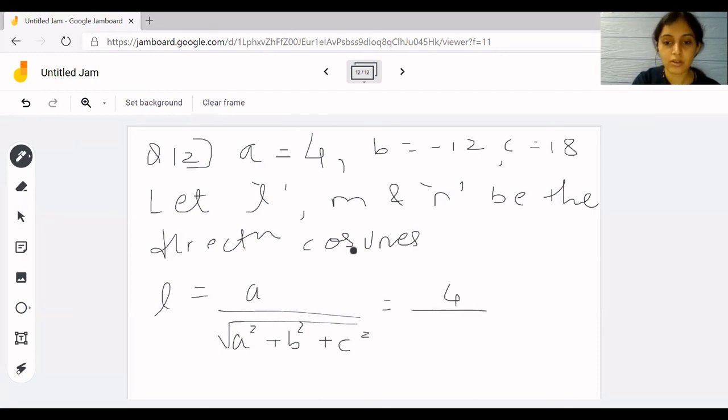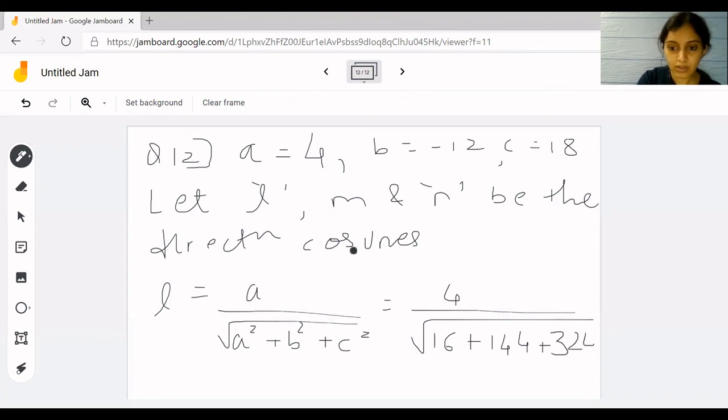So 4 upon root of A square, 16, plus B square, 144, plus C square, 324.